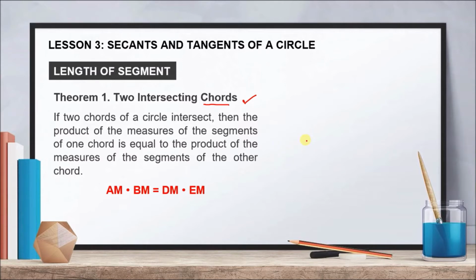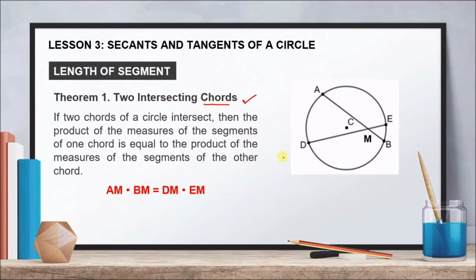So with that, kung meron tayong intersecting chords, may nabubuong product of measure ng mga segments nila from one chord and then the other chord. In short, if you want to verify our letters here, nagkakaroon tayo ng product AM times BM. Sa isang chord dito, napansin mo, meron tayong AM, meron din tayong BM.